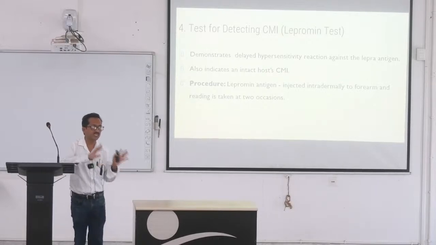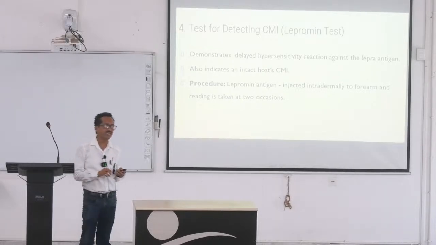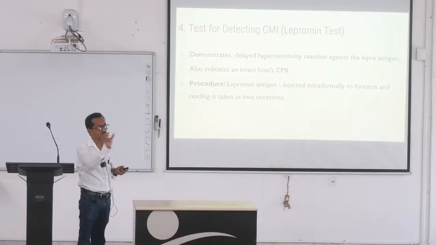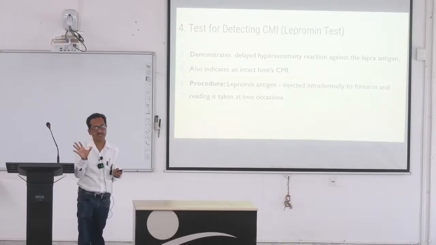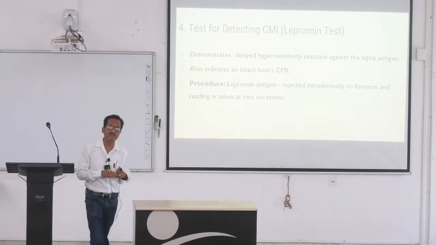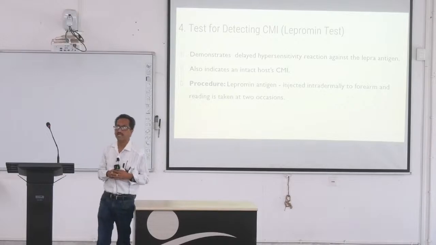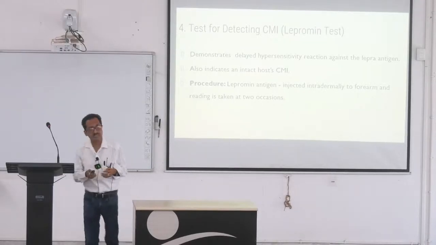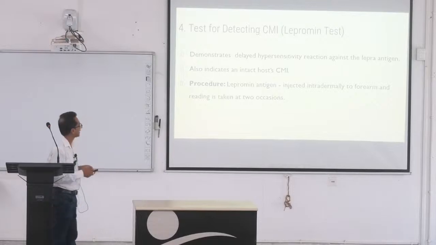Because this test is similar, but the reading is a bit different. So that is induration, not the erythema or the redness of the skin after the injection. Only induration matters. Only if it is more than 10 millimeter in induration is the Mantoux test positive, but not the erythematous or any redness of the skin.